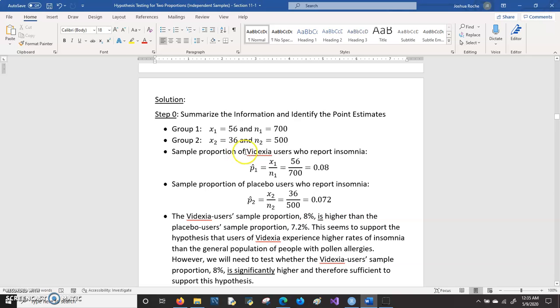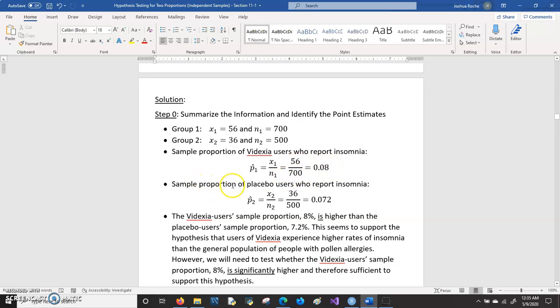So the sample proportion of Videxia users who report insomnia can be found by doing x1 divided by n1, and that's going to give us p hat 1. So p hat 1 is going to represent that sample proportion. When you work that out, it comes out to 0.08.